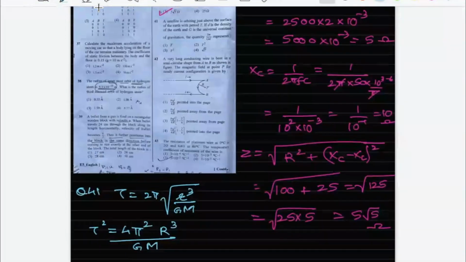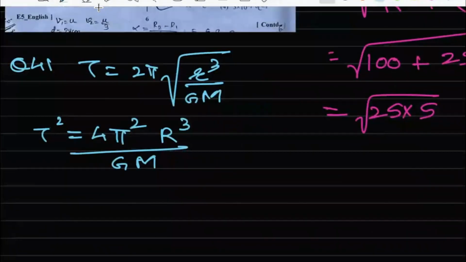Okay. What do they want? 3 pi upon G times D, D is the density. So let's replace mass with density into volume, 4 by 3 pi R cube. 4, 4, 1, pi gone.